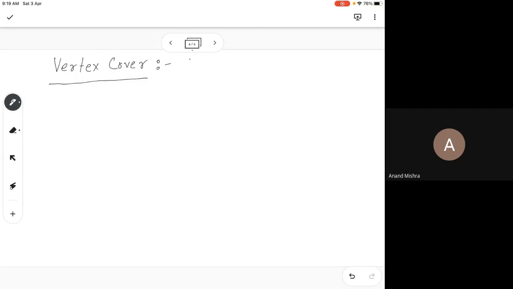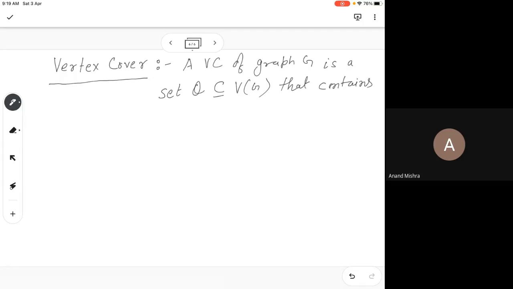A vertex cover, also known as VC, of graph G is a set, usually denoted by Q because P is already reserved, that is a subset of vertices that contains at least one endpoint of every edge.